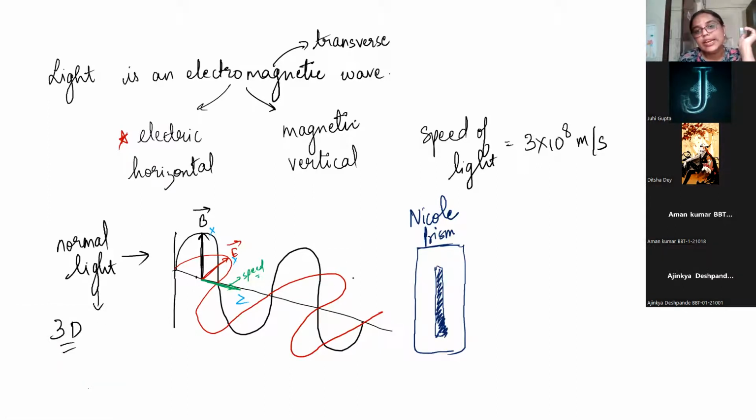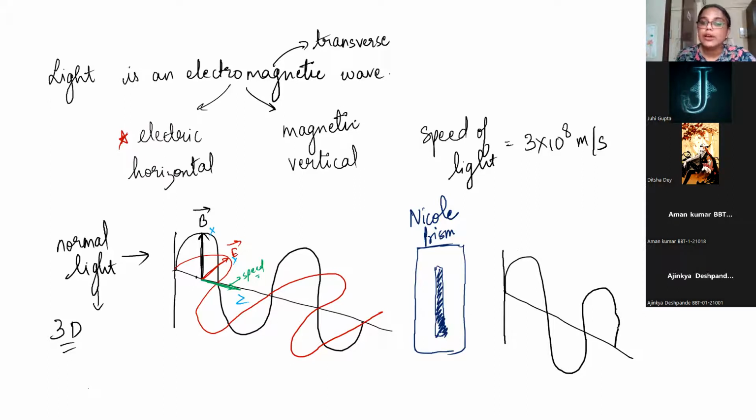When this 3D light is passing through this nickel prism, there are two components, one vertical and one horizontal. Only one component is allowed and the other is not allowed. Which is not allowed? The horizontal is not allowed, but the vertical is allowed to go. So you have the vertical.